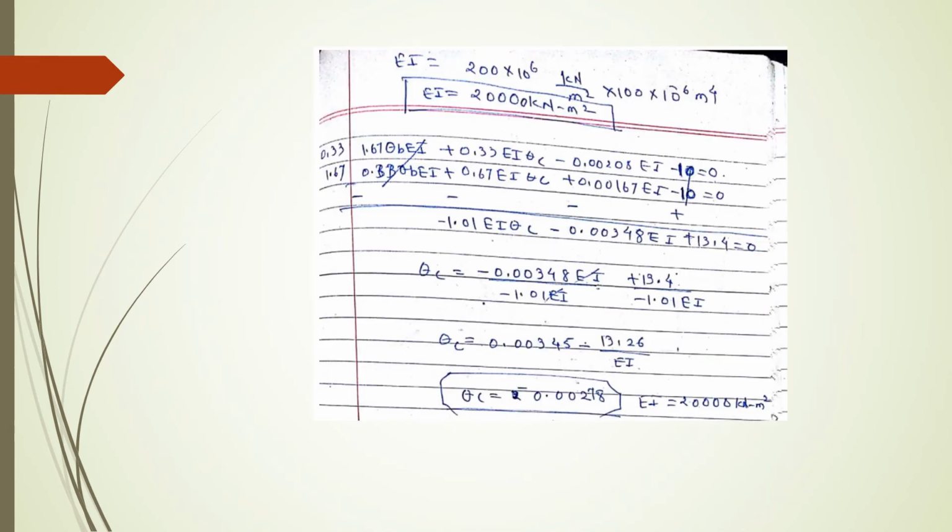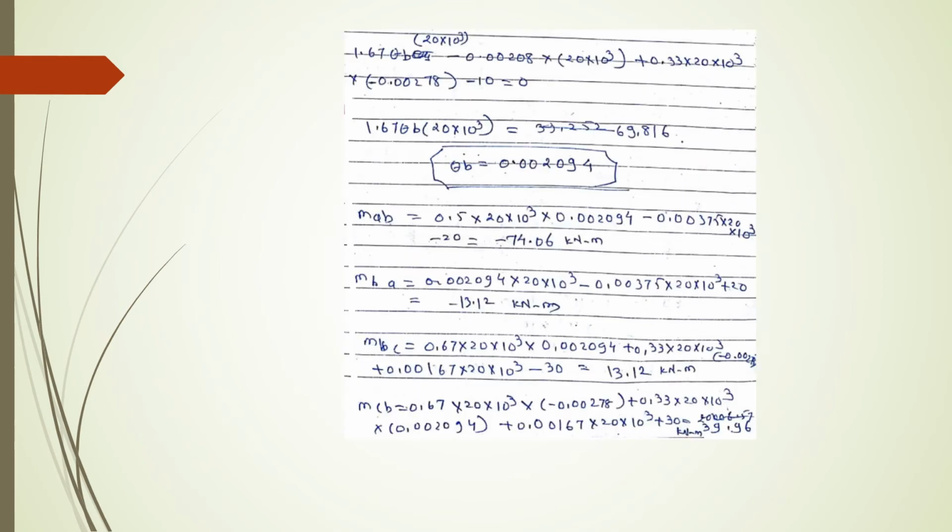Solve these two simultaneous equations, we will have the value of theta c, and just obtain the value for E into I. This is given in the problem, so this is equals to this much of amount, 20,000 kN per meter square. Right? So by putting back the value of theta c into any one of the equations, we will have the value of theta b.